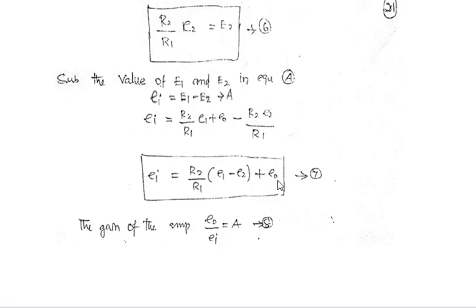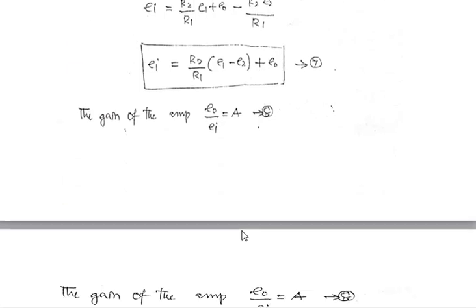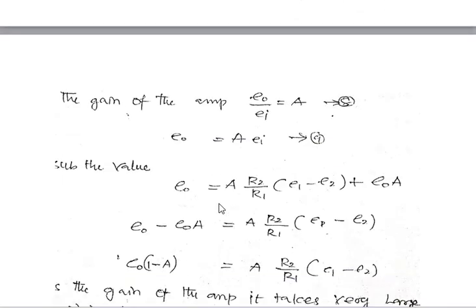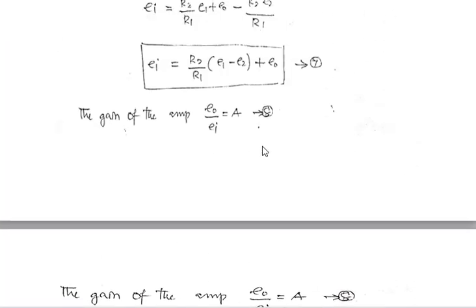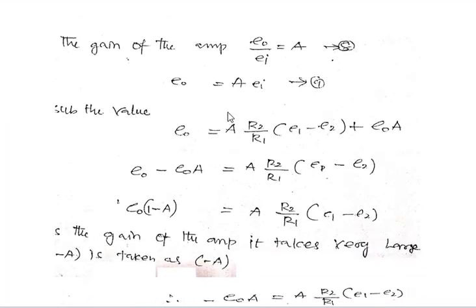We know the gain of the amplifier is A. The output voltage divided by the input voltage gives the gain. So E output by E input is equal to gain, and this equation is written as E output is equal to gain into input. Now substitute the value of EI from the 7th equation.